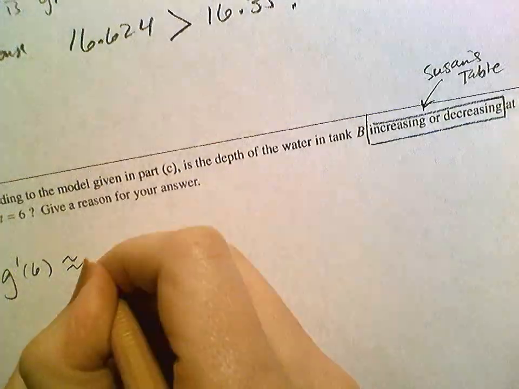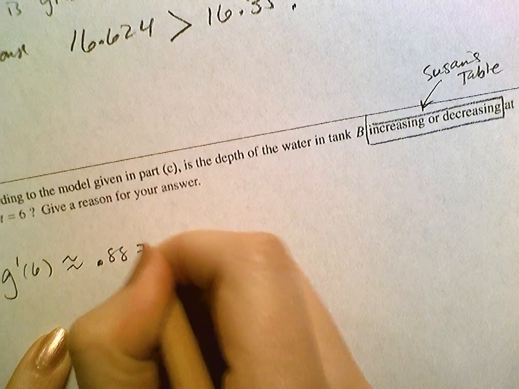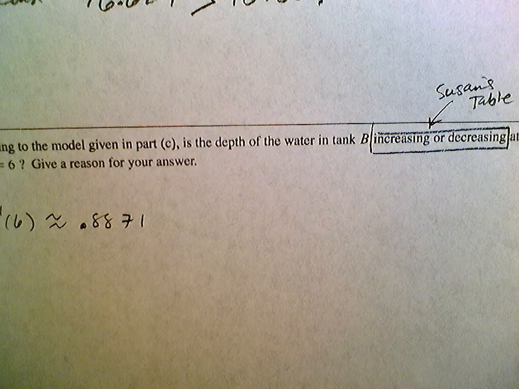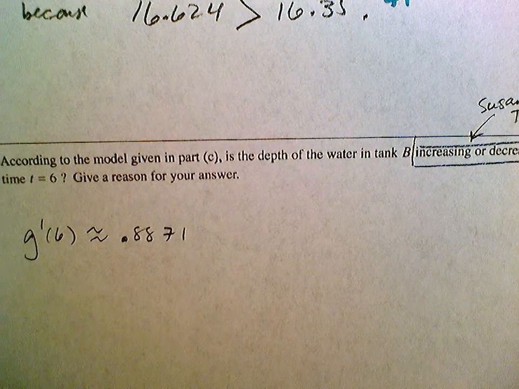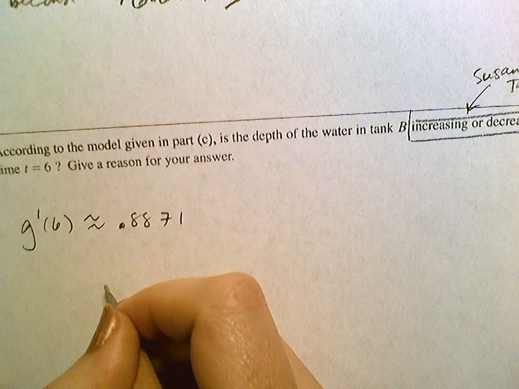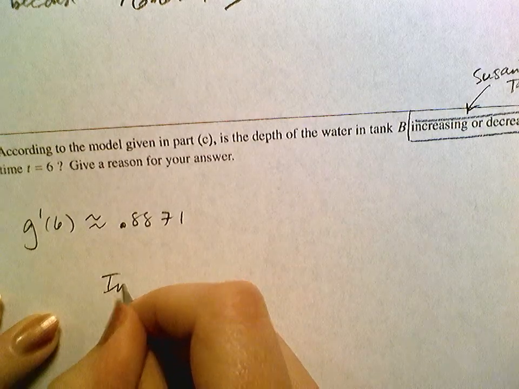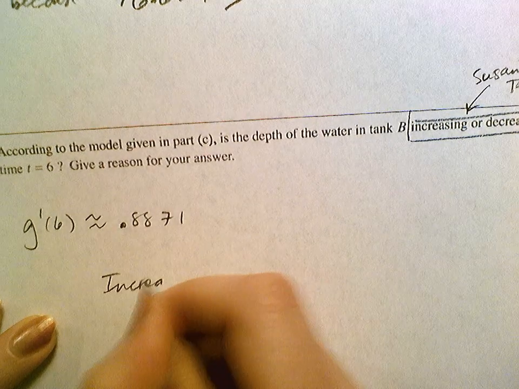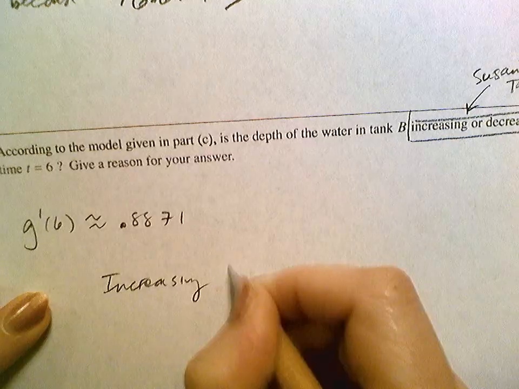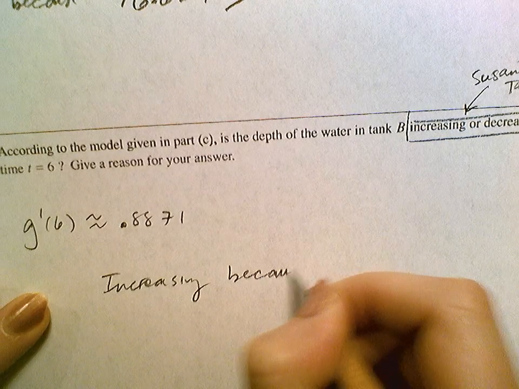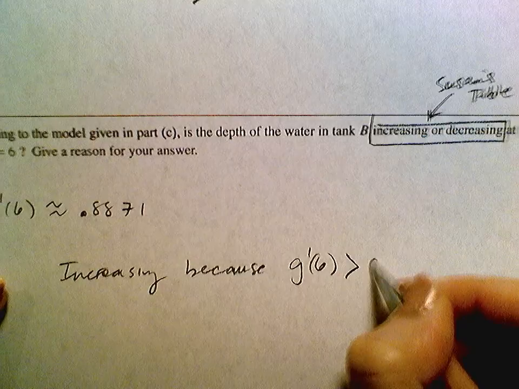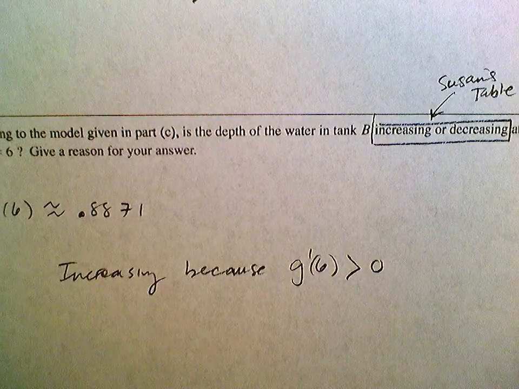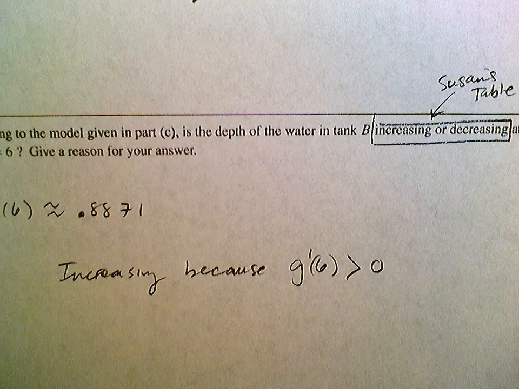Okay, so this is 0.8871. So we could say increasing, because G prime of 6 is greater than 0. Okay, guys, so there's that. I'll talk to you later.